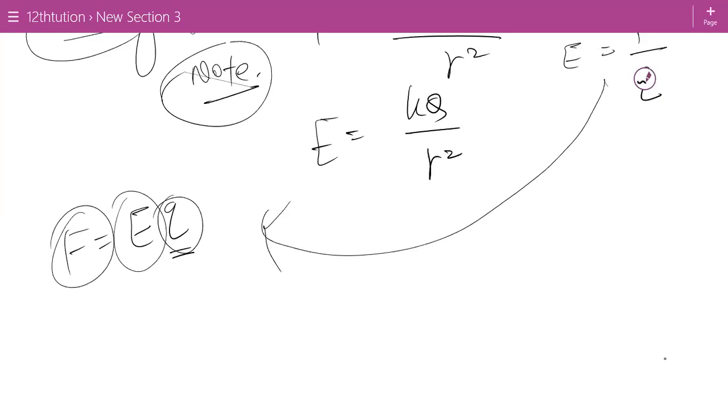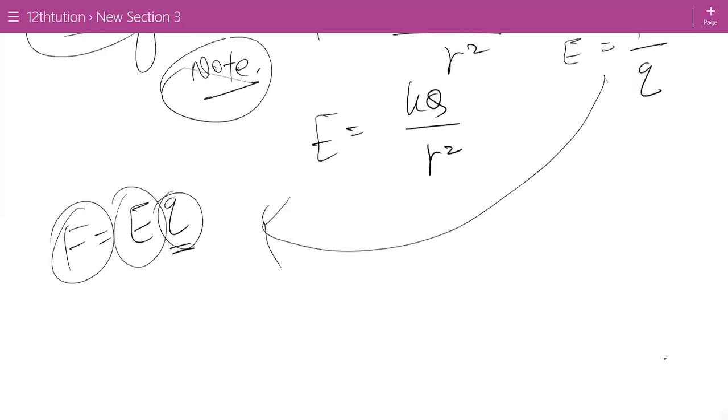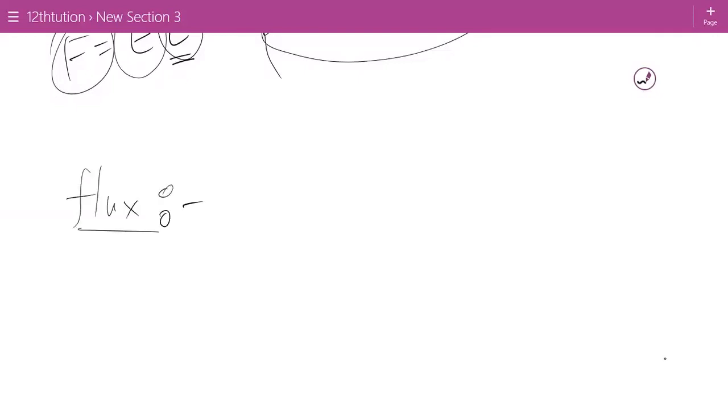Now we will talk about the flux. Can you tell me what is electric flux?